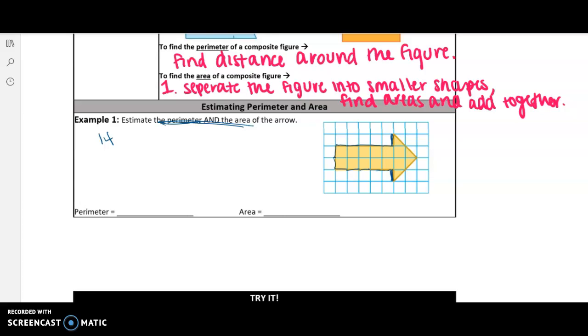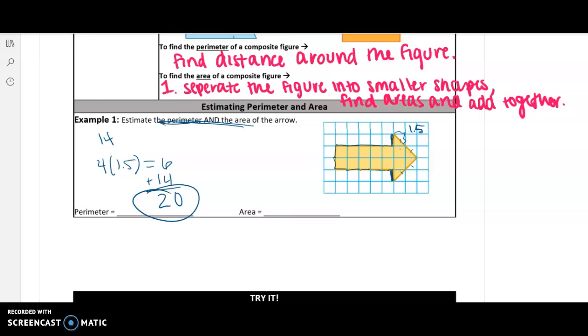So if I had to estimate, I would consider one diagonal to be about 1.5, since this would be considered 1, so we know it's a little bit more than that. So I can see there's 1, 2, 3, 4 diagonals. So I'm going to say 4 times 1.5 equals 6. So then I'm going to add 6 plus 14, and I would guess that my perimeter is 20.